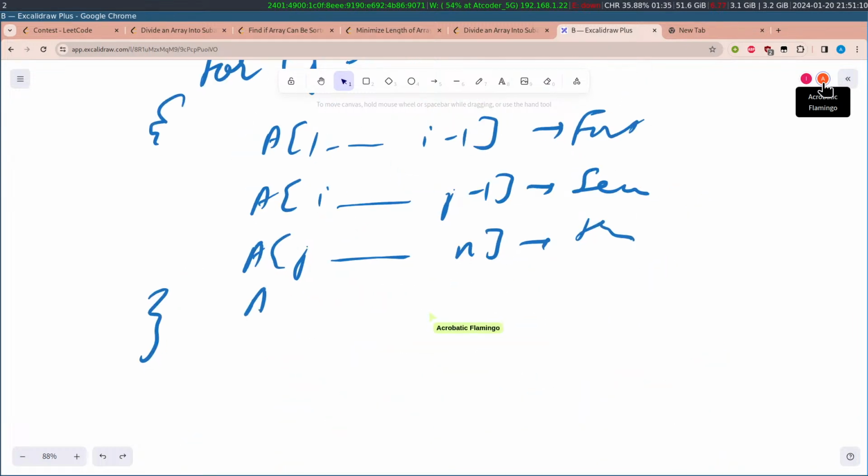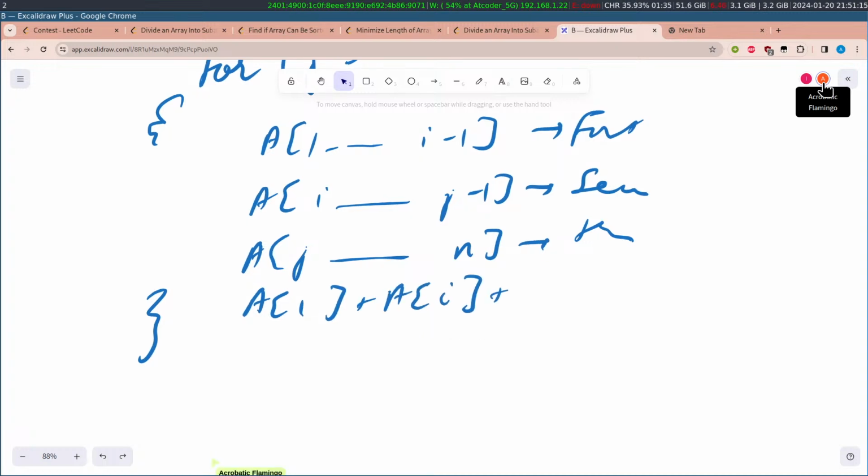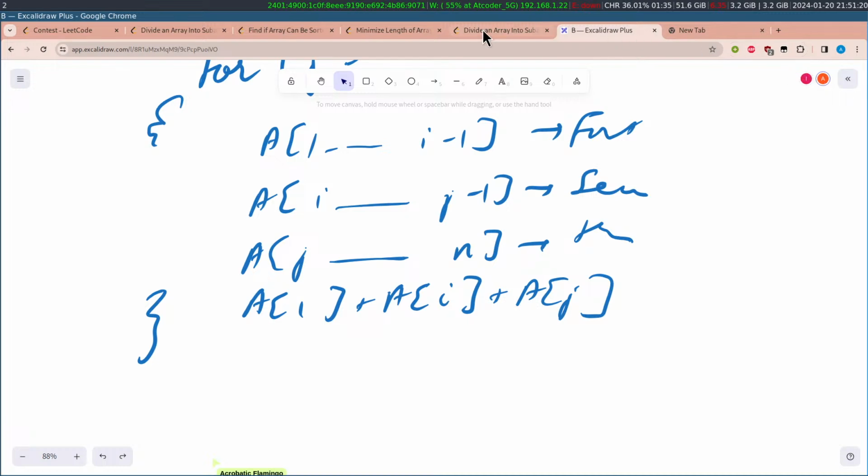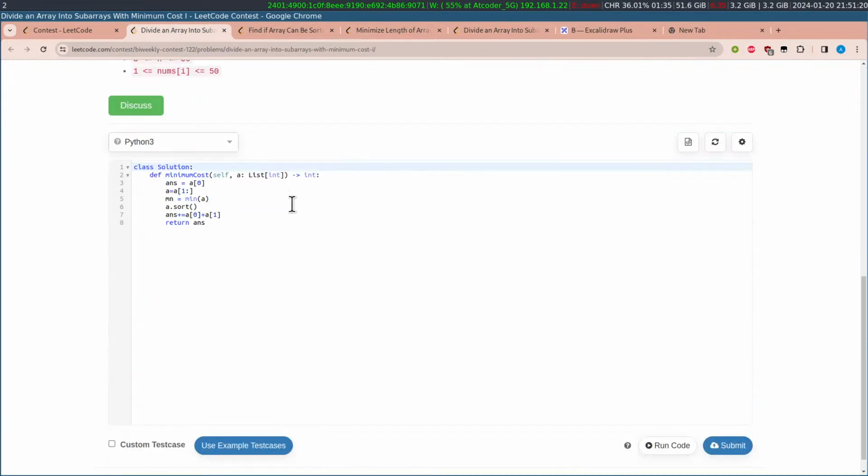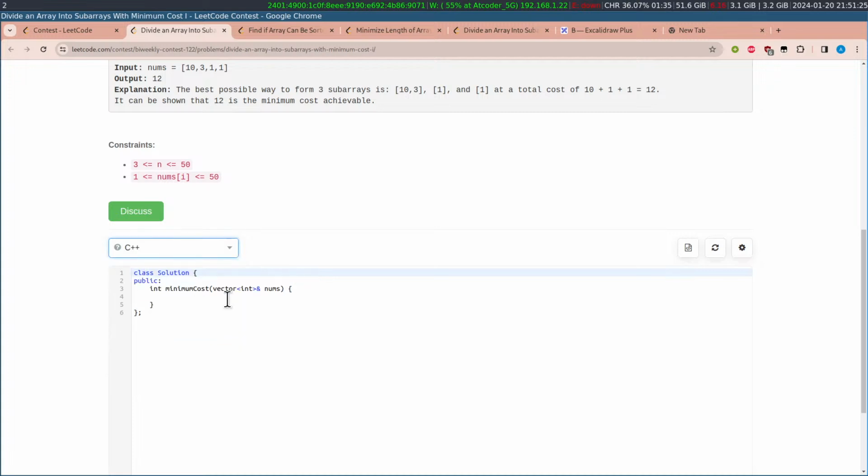So in that case, the cost is A1 plus Ai plus Aj, and you can take the minimum of all of them. And if we go with zero-based indexing, you can assume that the array starts at 0.